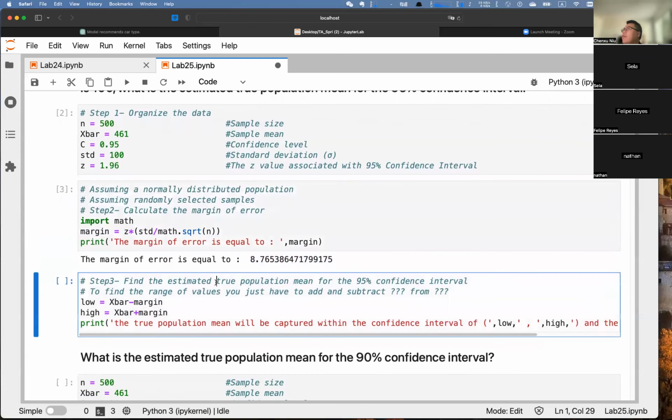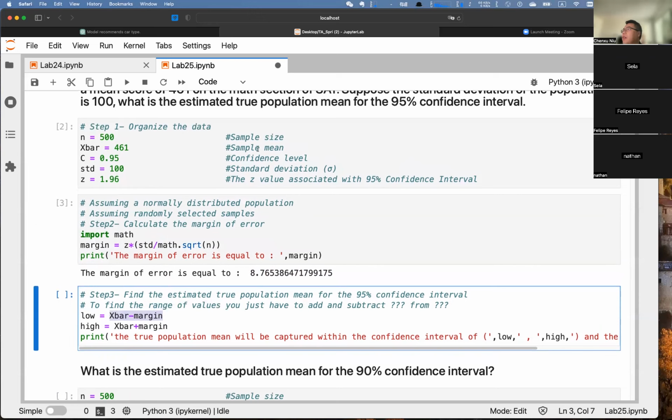After that, you can find the population mean for the 95% confidence level interval. It means you need to find the range of the values. The left side is X bar, the mean value, minus the margin, and the right side is plus the margin.